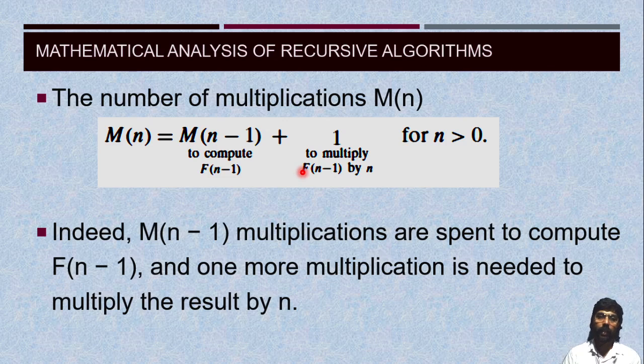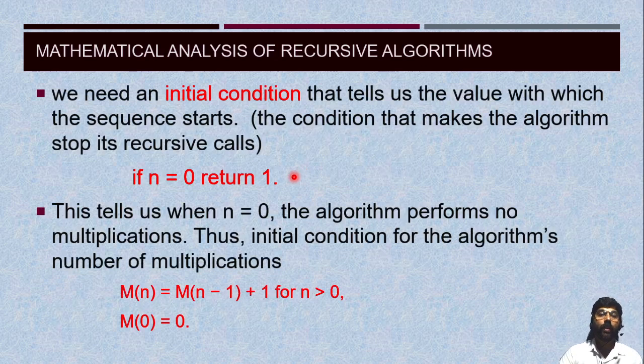Now here we need an initial condition that tells us the value with which the sequence starts. In this recursive algorithm, the initial conditions are generally the statements which stop the recursive call.